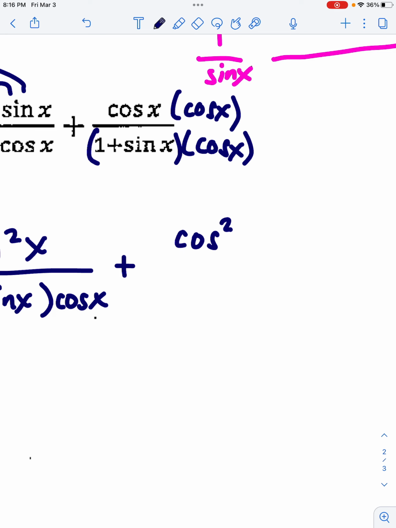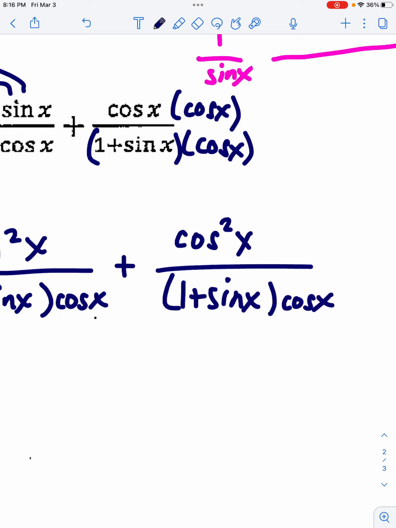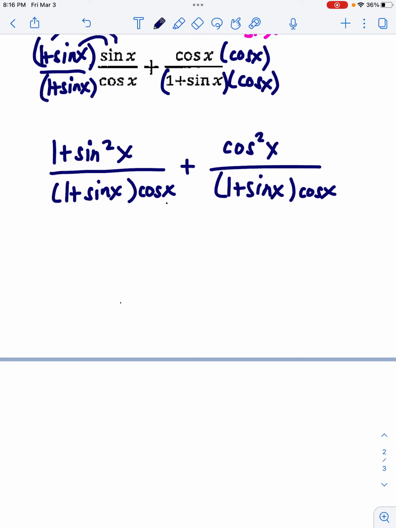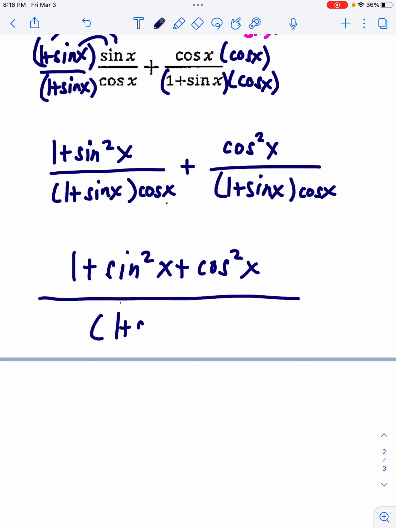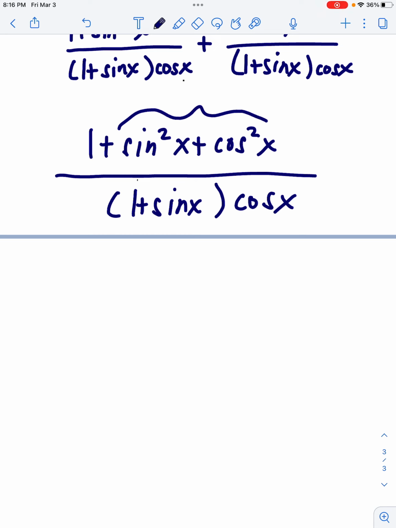Top becomes cosine squared of x. Okay. And then at this point, I can just add straight across the top. Okay, trick number 4, recognize that this is 1. So this becomes a 1 plus 1 in the top, or just 2.